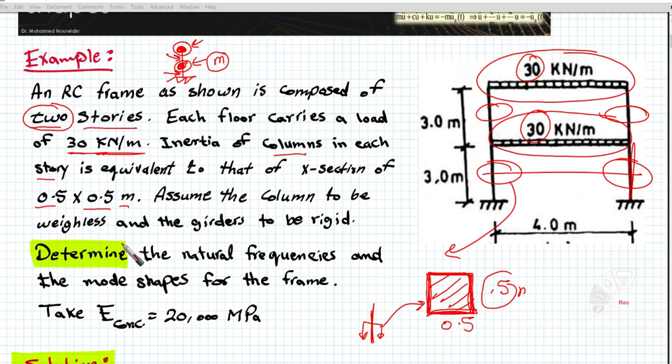Okay, so now we can understand this. This means that we can put our system as you can see here.